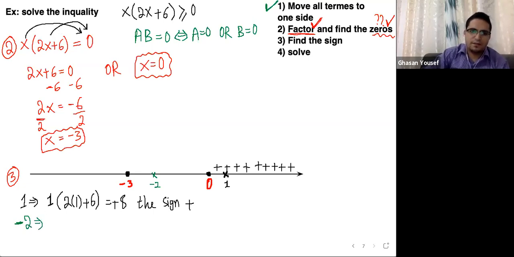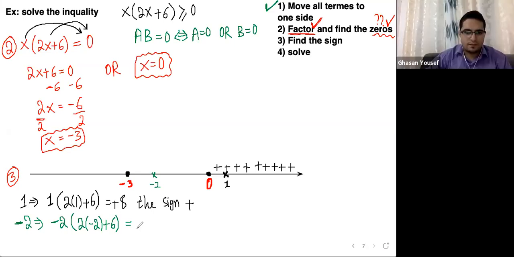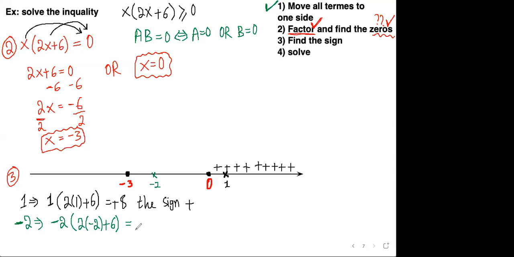Plug it here. -2 times -2 times -2 plus 6. What I get? -4.